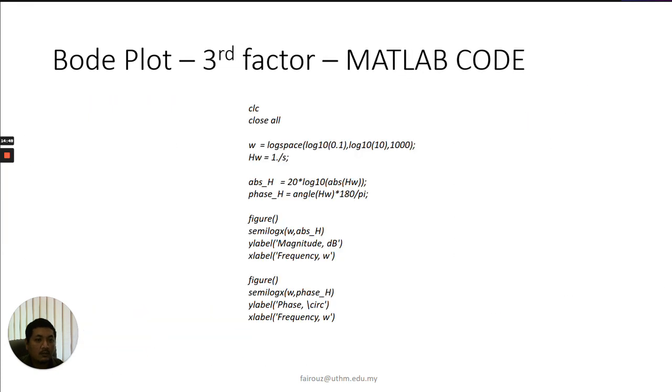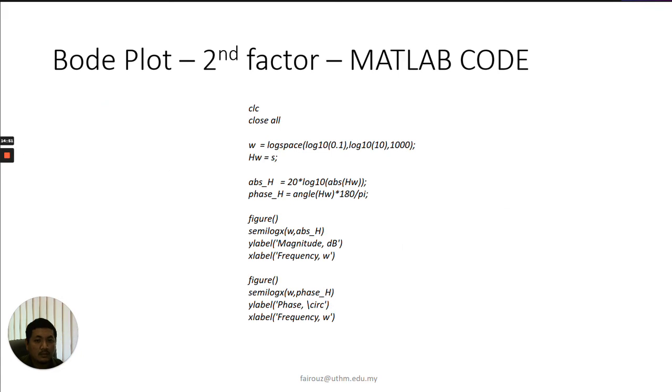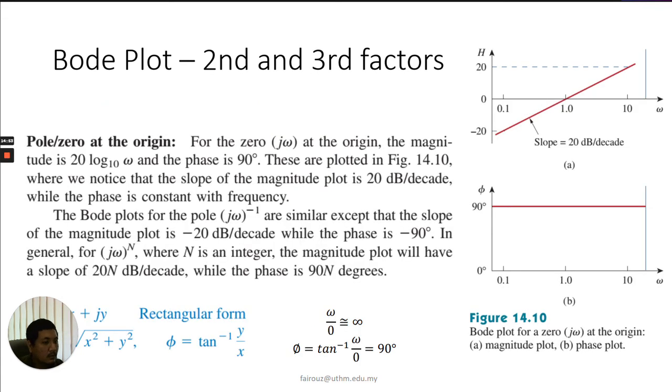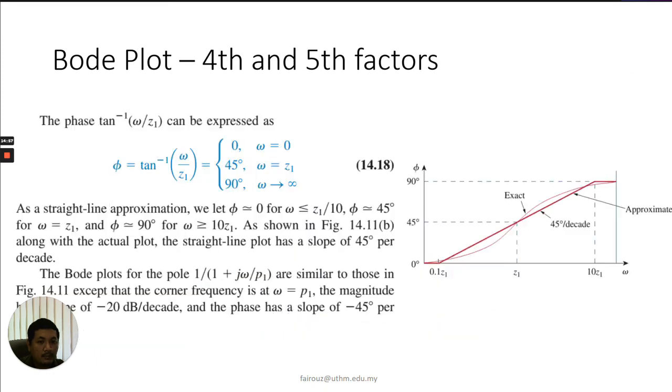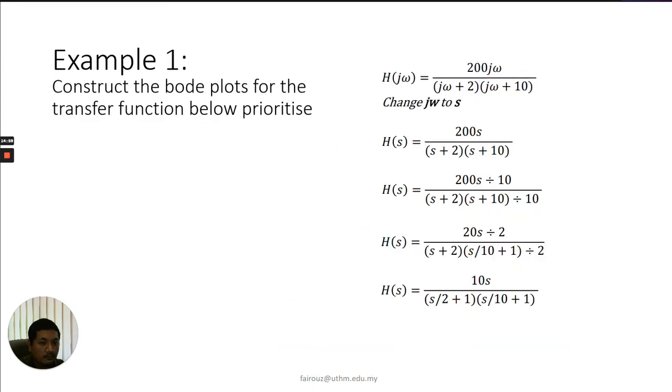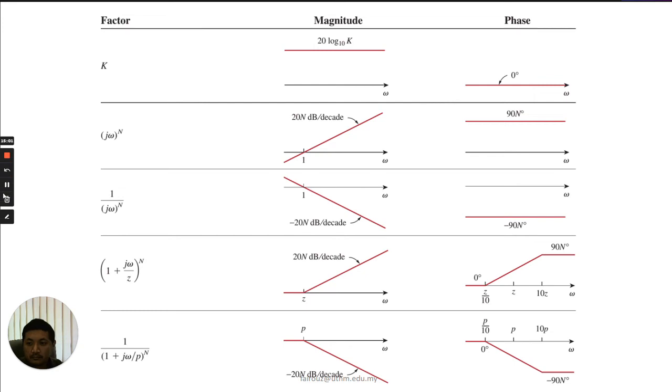Now for the pole, sorry, I don't have the pole here. Let me just skip to the next. So this is the zero, right? Remember, cross at 1, 20 dB per decade.